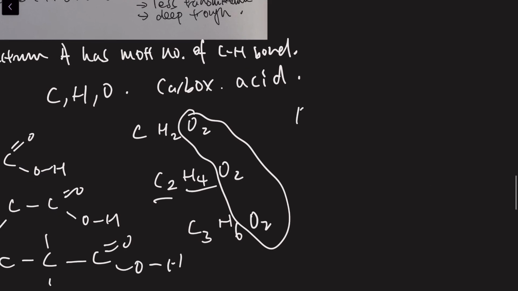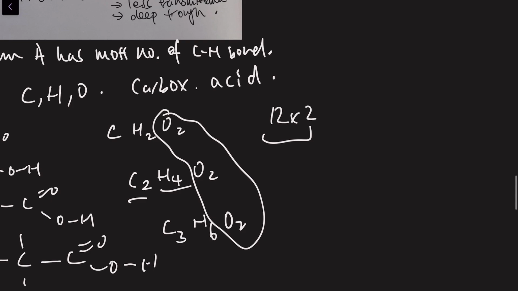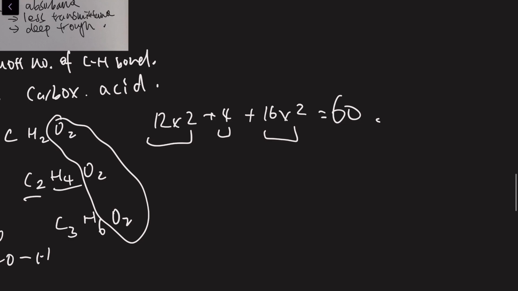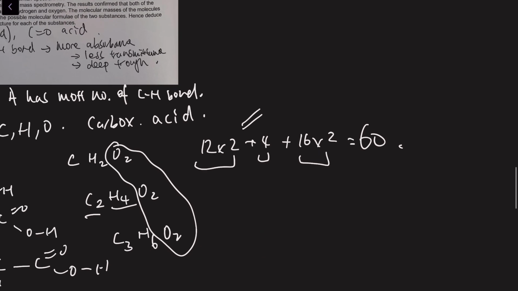So 12 times 2, this is the mass for carbon, plus 4, which is for hydrogen, plus 16 times 2, this is for oxygen. Let's have a look. 12 times 2 plus 4 plus 16 times 2. Oh, it is exactly 60. So you know that for spectrum B, it is ethanoic acid.